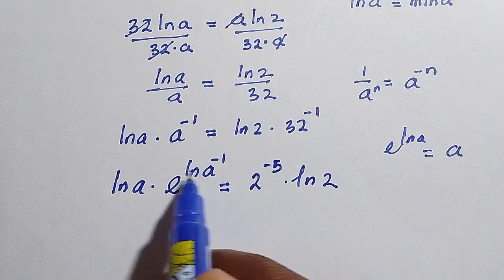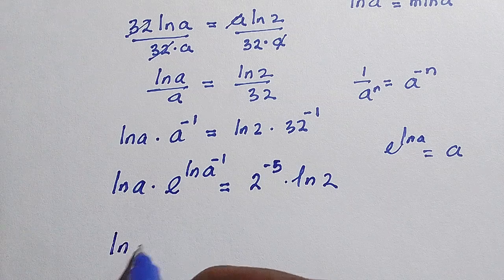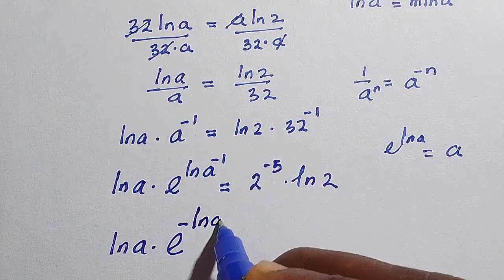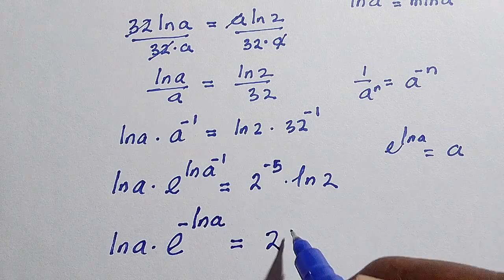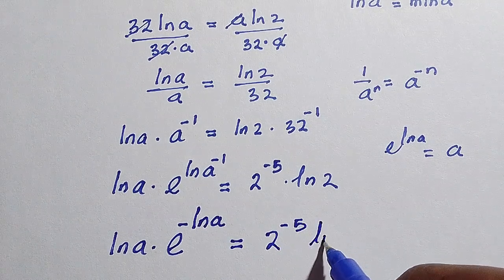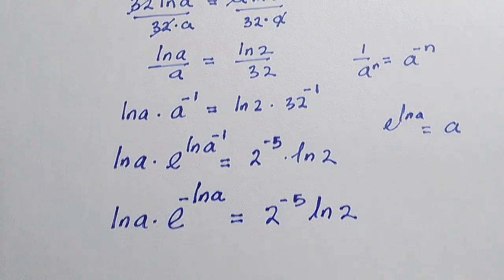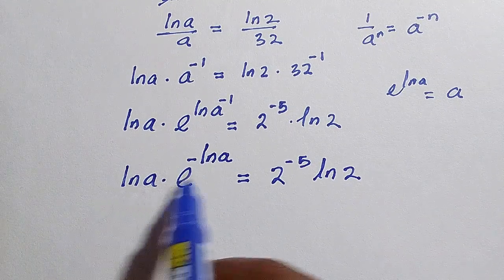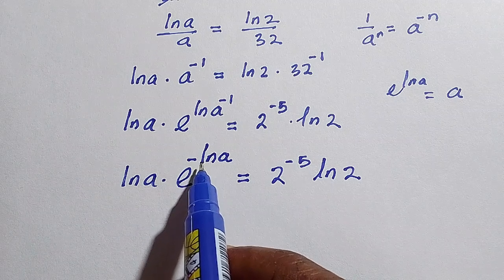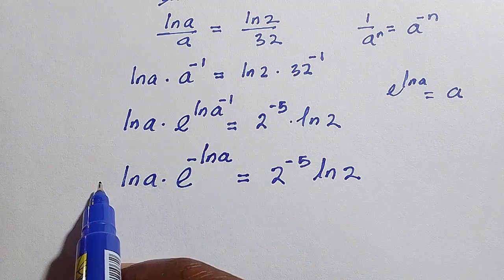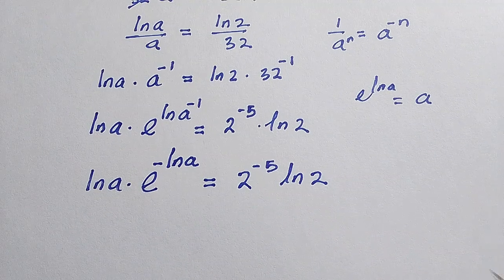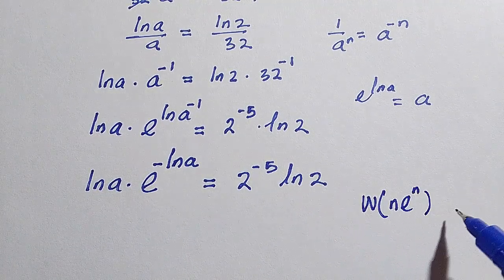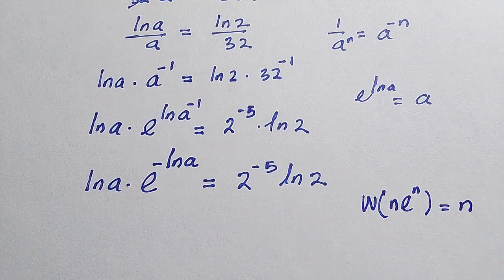As we take this one here as one of the rules I applied already, we have ln a multiplied by e raised to the power of minus ln a equals 2 to the power of minus 5 ln 2. Then this is missing a negative, because we have to make sure that it resembles the Lambert rule, which says that if you have omega of n e raised to the power n, this must be equal to n.